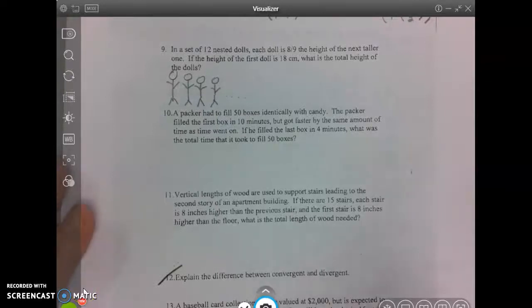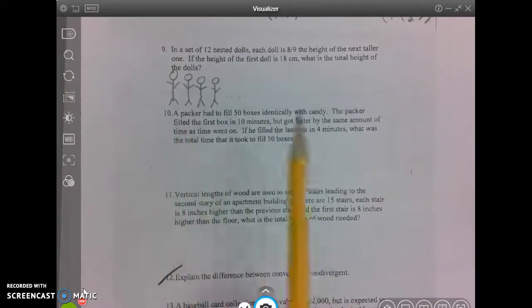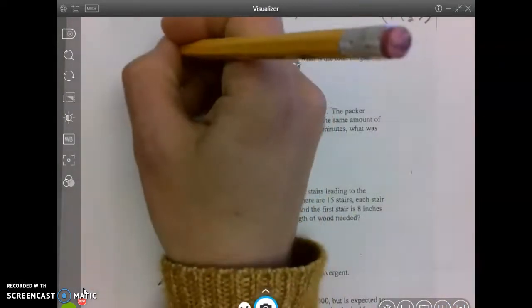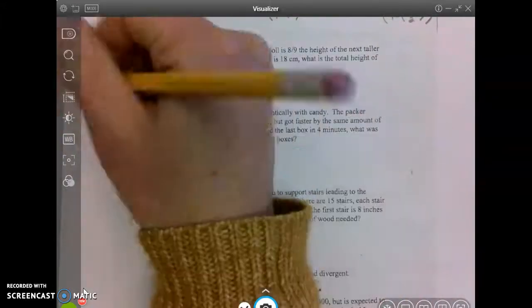Right, so we're going to go back and start number 9 again. One of the things you need to realize is that when you're reading problems like 9, 10, and 11, the thing you need to determine is: is it geometric or is it arithmetic? So let's make a note.